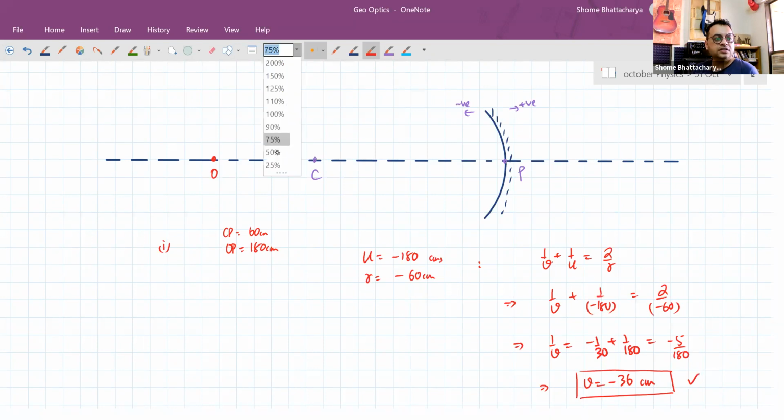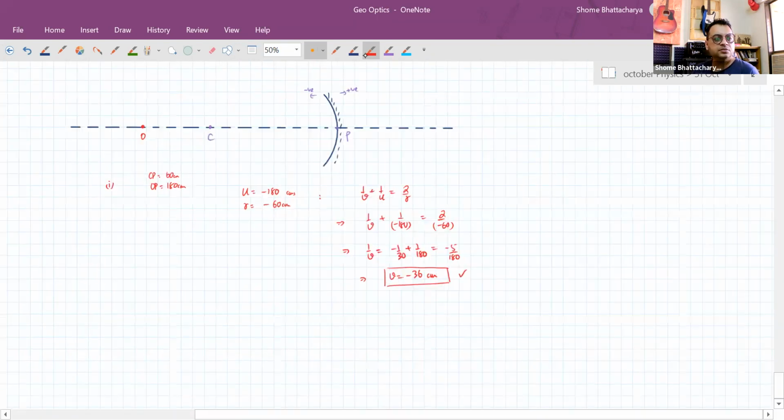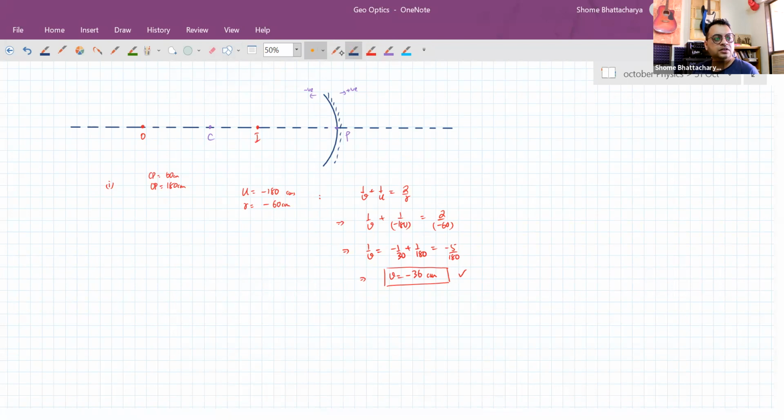So the interpretation is that, see, V is negative. That means the image will be where now? It's 36 now to the left, and this is 60. So the image will be somewhere here, let's say. Okay. So this corresponds to the ray diagram of the type we had discussed earlier. It corresponds to some ray diagram, which is a bit like this. Just imagine these rays to be paraxial.